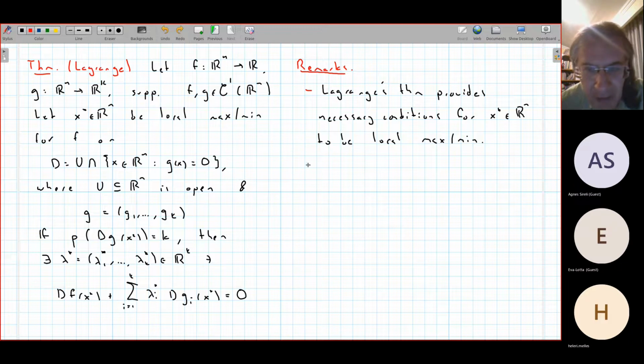Another important observation is that this theorem is for equality constraint problems.